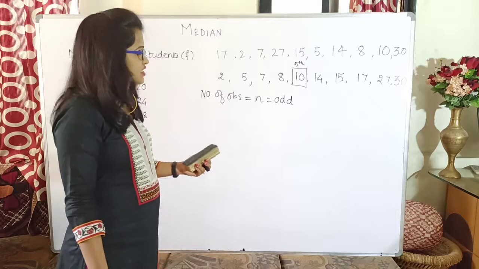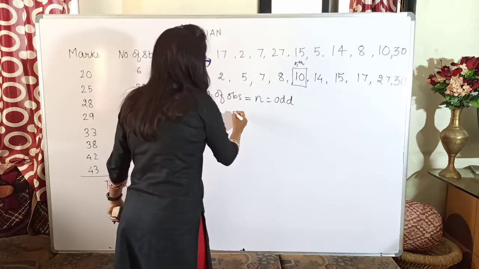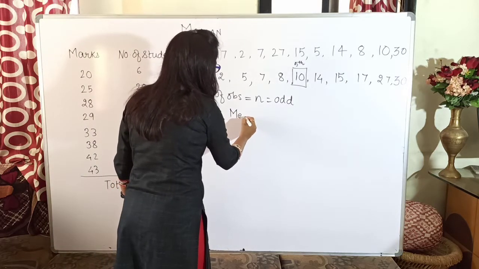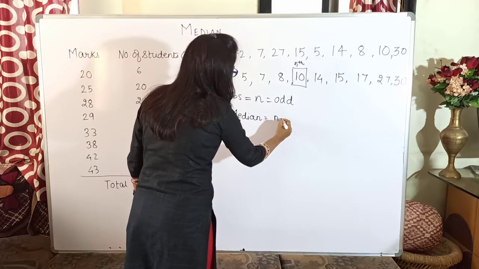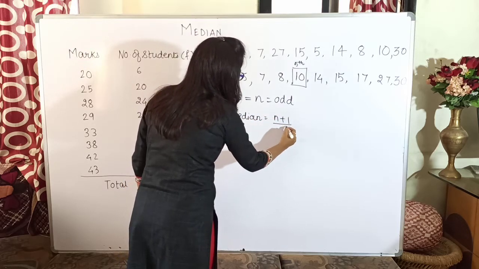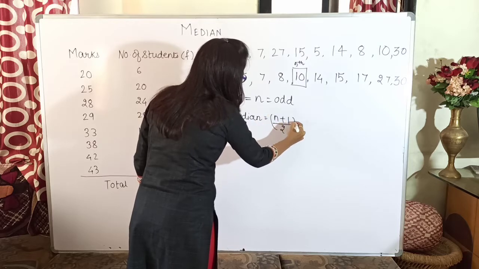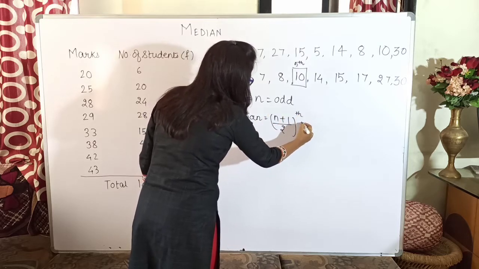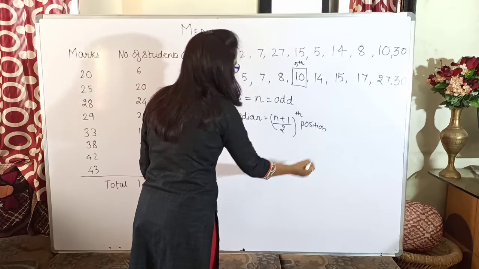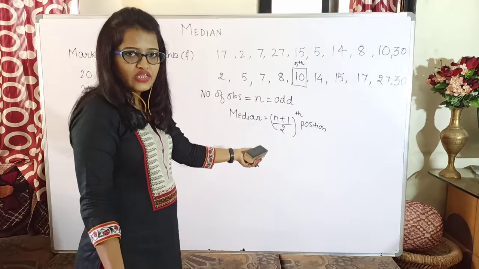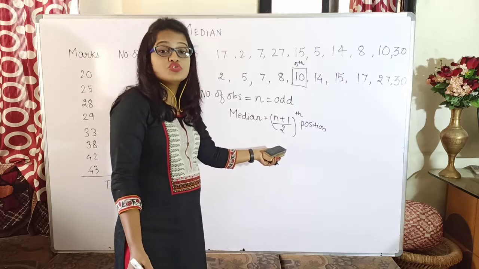yes, it is very easy. The formula is, the median is the value present at (n plus 1) by 2 position. See, when you are finding this value, you are not going to get the value, you are going to get the position.